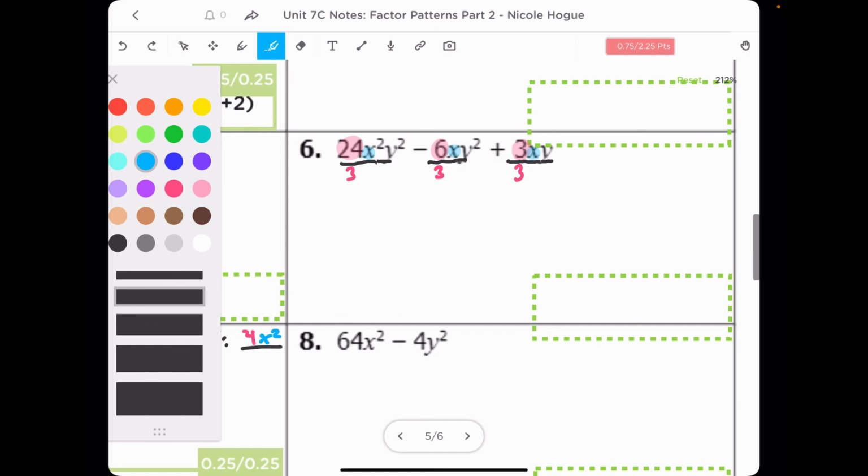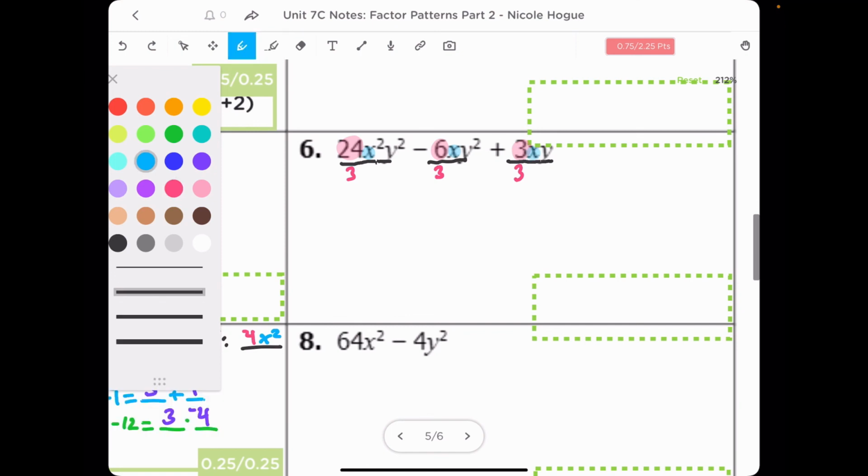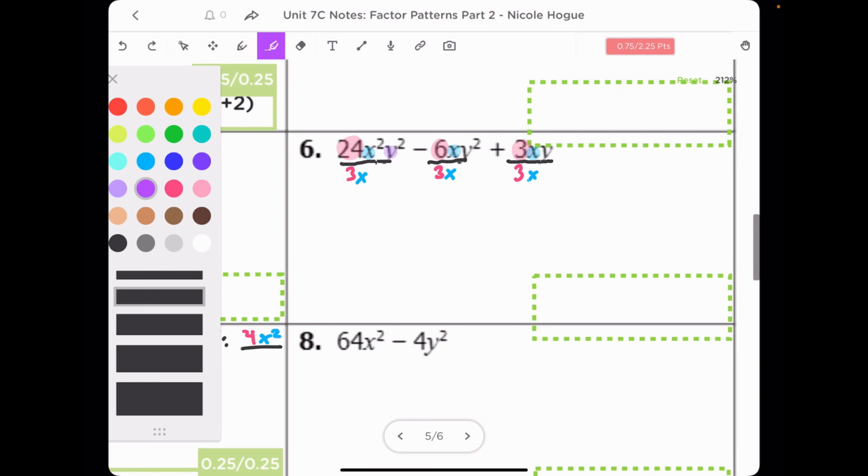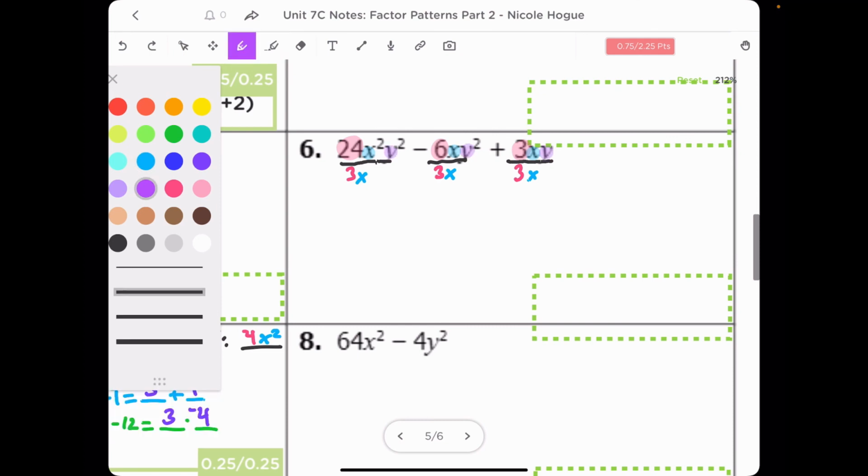Remember, we want to take the one with the smallest exponent, which in this case is just x. And then we have y squared, y squared, y. Again, the one with the smallest exponent, so it would be y. So our GCF here would be 3xy.